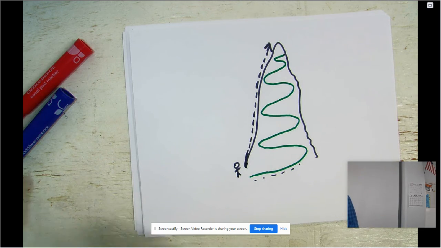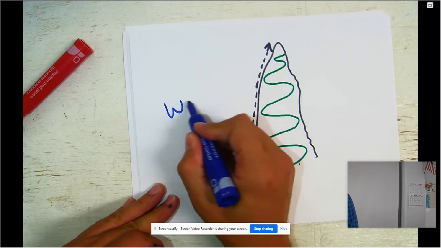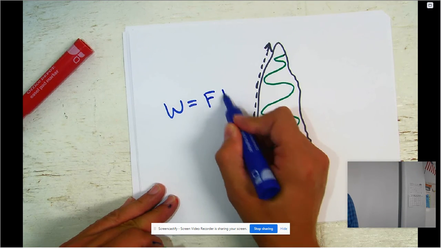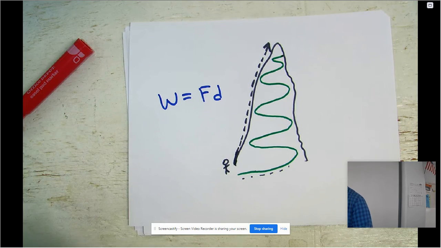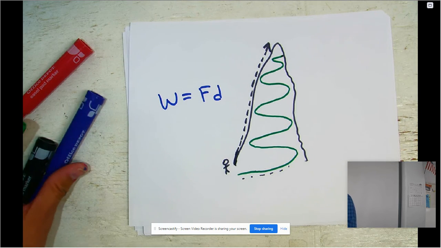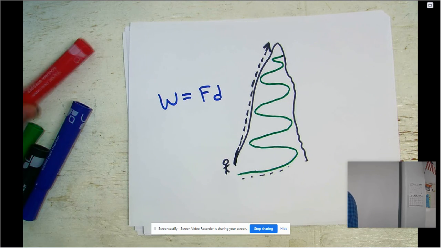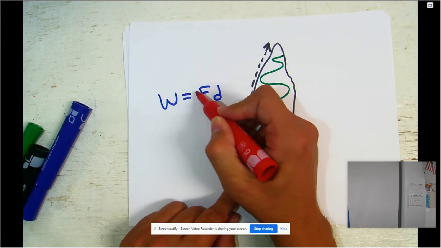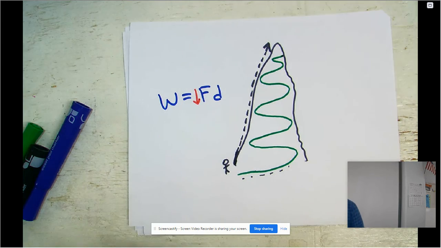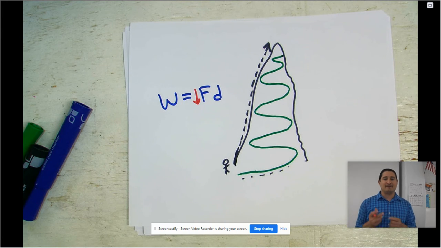So remember our equation. Work is force times distance. So what did we have to do? We decreased the force. It made it feel like it was easier, right? It felt like it was easier, that means we're decreasing the force on our bodies, right?